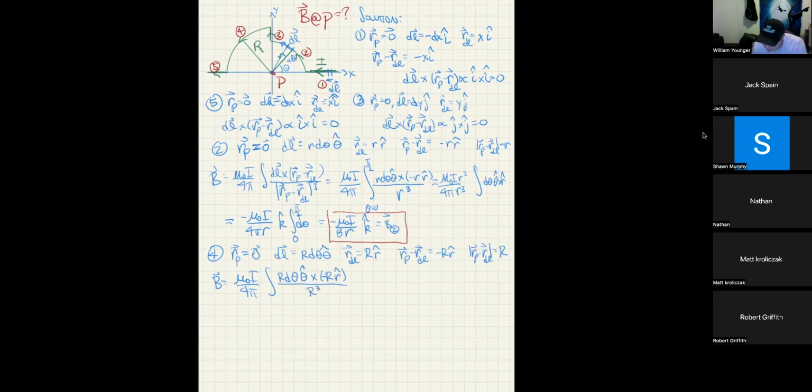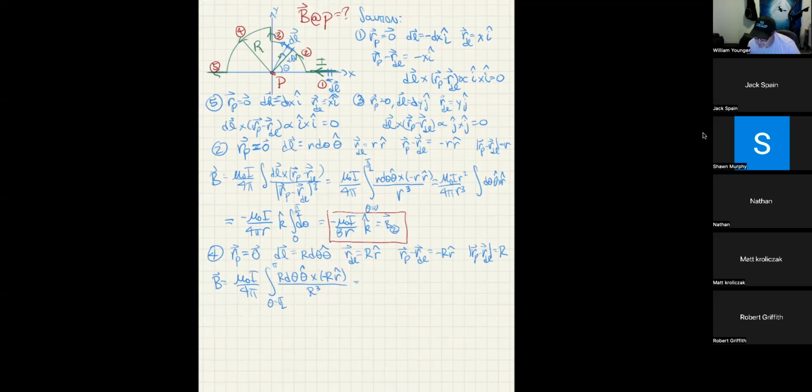And that's going to be integrated from theta equal pi over 2 to pi. So I get an R squared on top again and an R cubed on the bottom again. That can all come out in front. And then theta hat cross R hat is again going to give me a negative k hat.